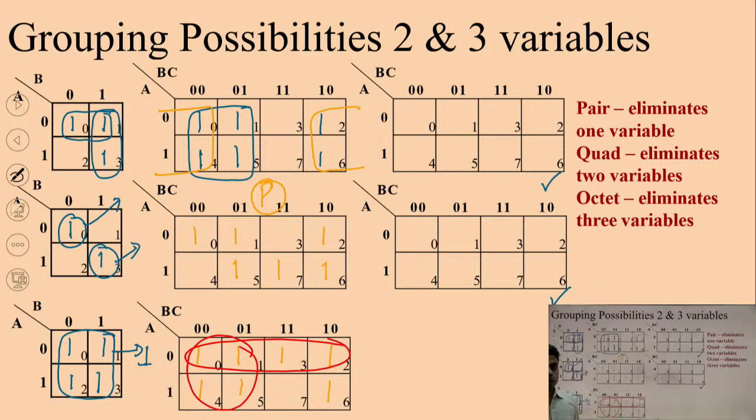But I have to ensure that if I make a group for this 6, that group has to be of maximum size. Then I will not be targeting it as a single one or a pair. If there is a possibility, I will make it a quad. So this will also be a quad. So for this third one, the answer is 3 quads. Okay, 3 groups, each of size 4.